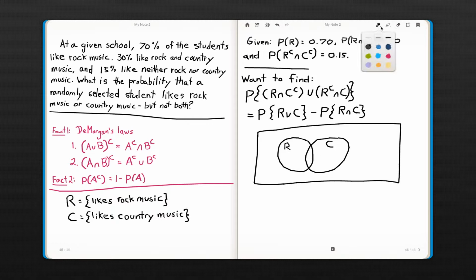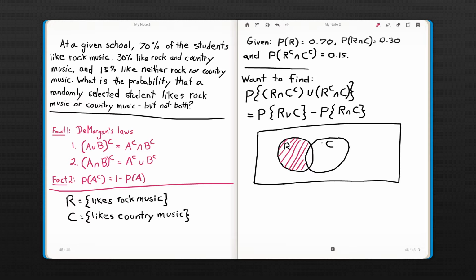And what we want to find is the probability that someone likes rock music but not country music. So let's shade that in here in red. So here, this event R denotes those students who like rock music, but we do not want to include those that also like country music. We want to exclude those. So this is R intersect C complement.